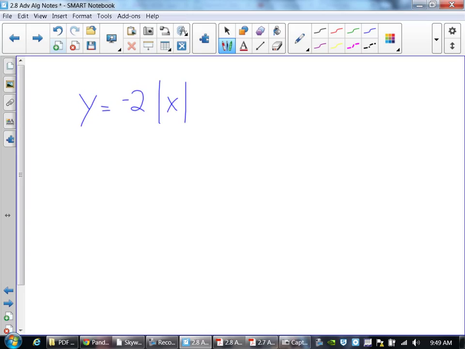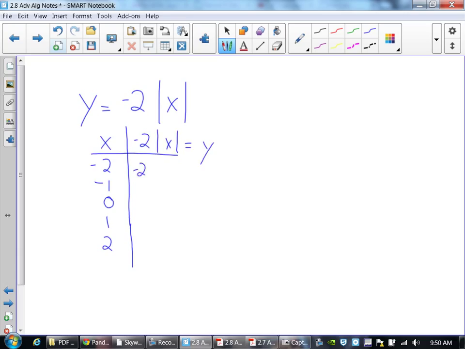If I look at that, I still use the exact same idea of the table. I still pick out my values. I'm going to shorten it just for argument's sake: -2, -1, 0, 1, and 2. When substituting in, I take -2 times the absolute value of x to generate y.